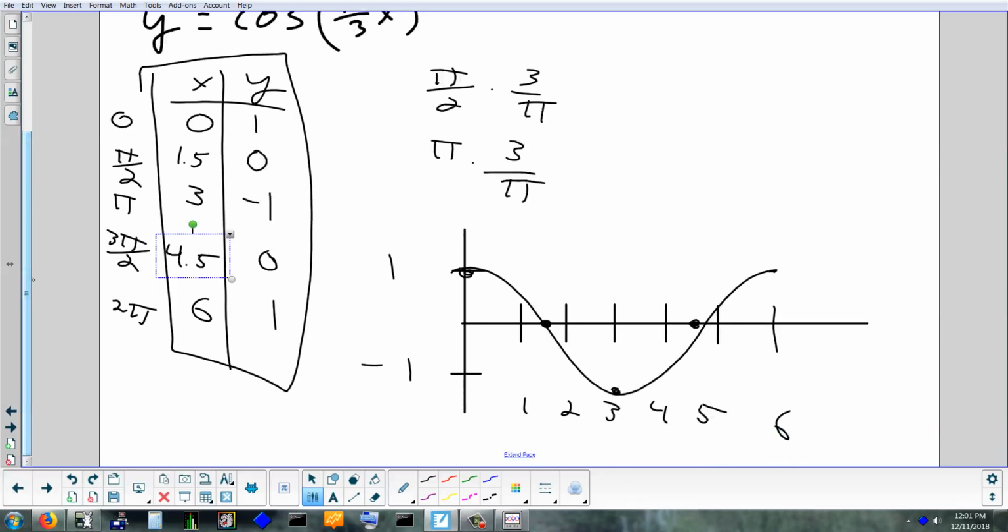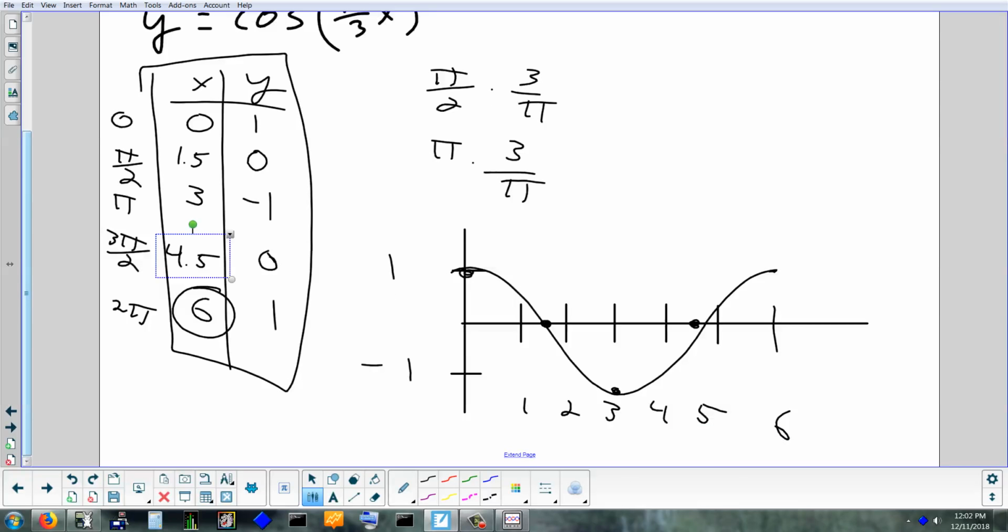So what's the normal period again if you don't stretch or compress it? 2 pi. And what's 2 times pi, as a decimal? It's about 6.28. So normally a graph has to go all the way to 6.28 to do a full cycle. This graph had to go to 6.